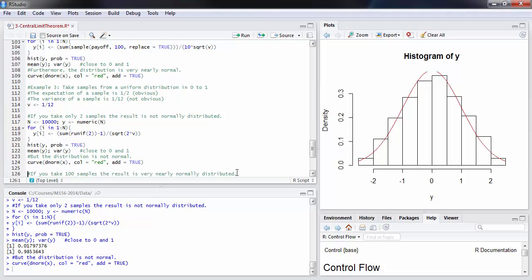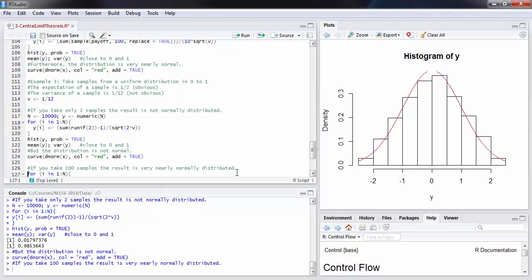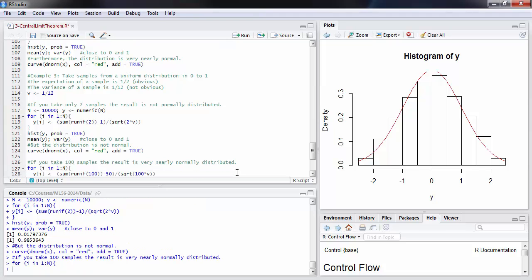Now let's try with 100 samples and see how we do. With 100 samples, I have to subtract off my expected mean of 50, and then I have to divide by the square root of 100 times v.